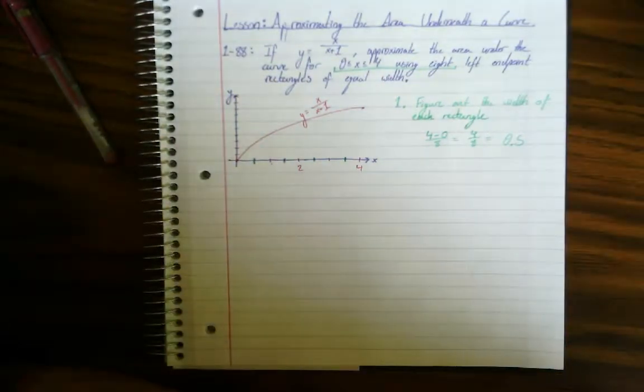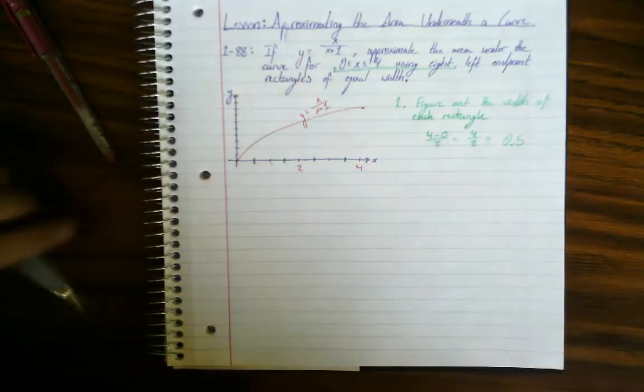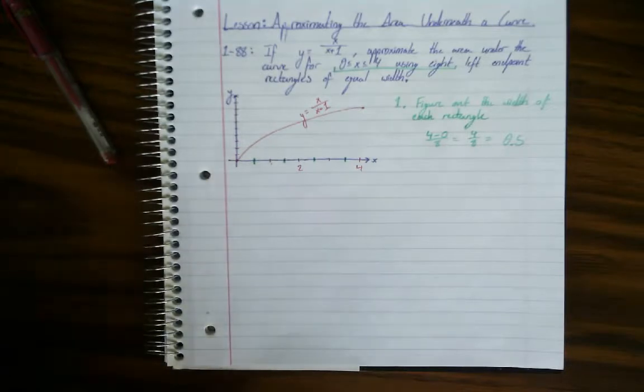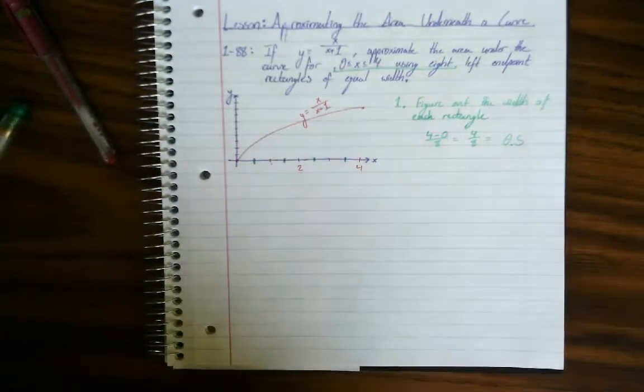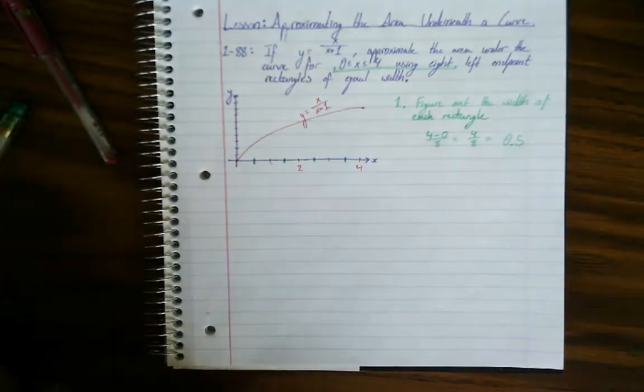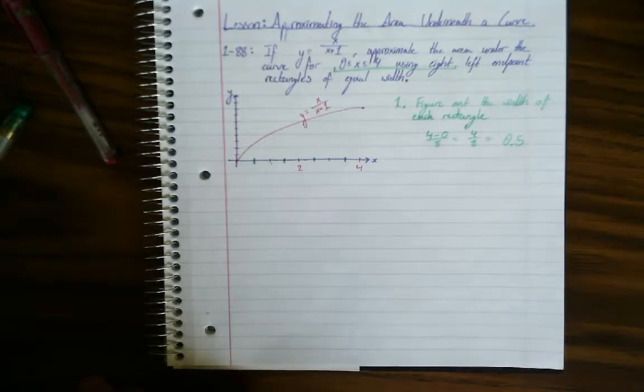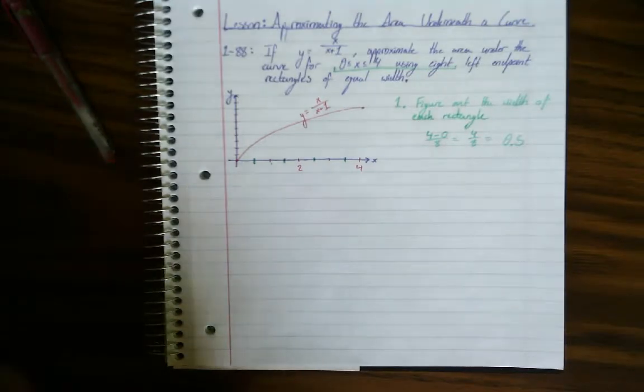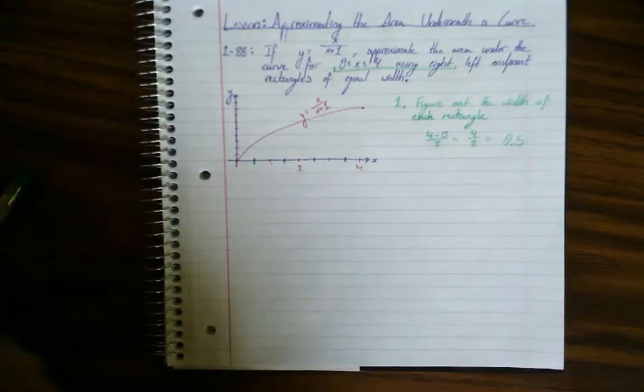So this whole idea of left endpoint rectangles is to tell us what we're using for our height at every single point. So the way we're going to do that is by step 2.